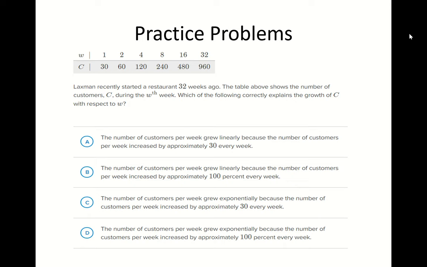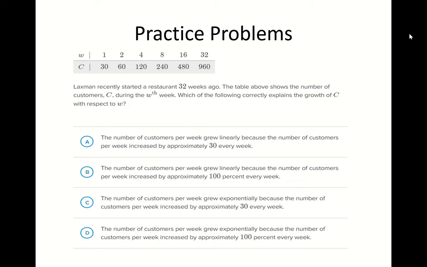change in x. So let's look at this first set here. From 1 to 2, it increases by 30, and the weeks is 1. So it's a rate of 30. From week 2 to 4, it increases by 60, and it's over 2 weeks. Rate is again 30. And then you have this last one here.